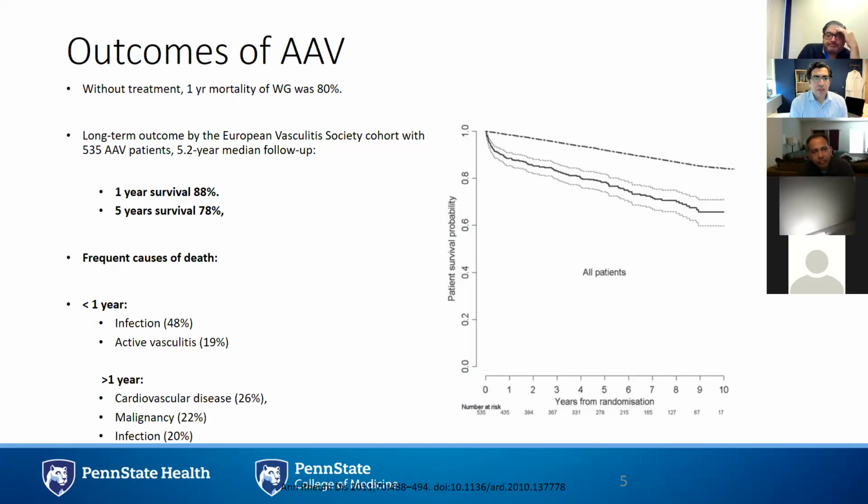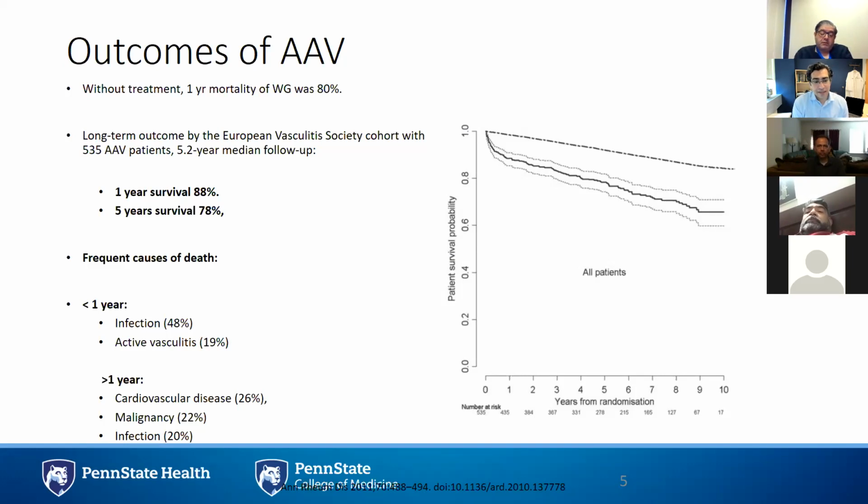Historically, without treatment, 1-year mortality of Wegener's, as described in the original studies, was 80%. And now, with the current treatment, the survival is reversed. So 1-year survival is now 88% and 5-year is 78%.